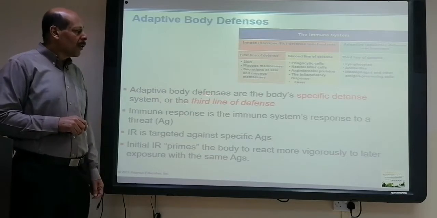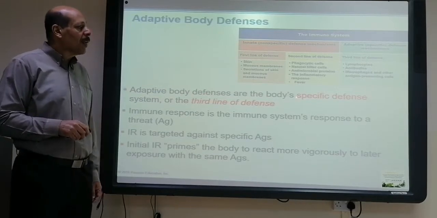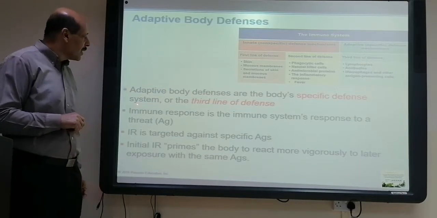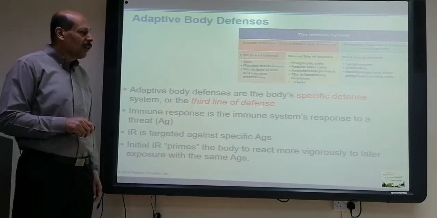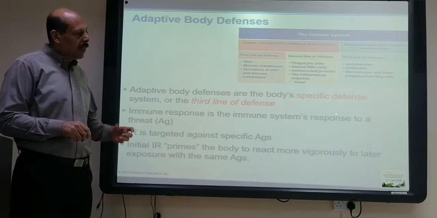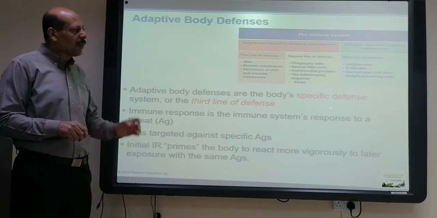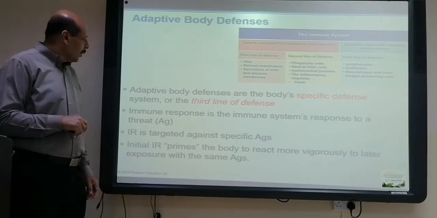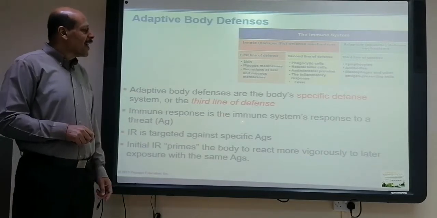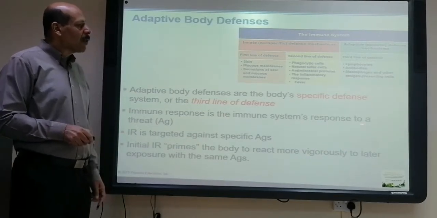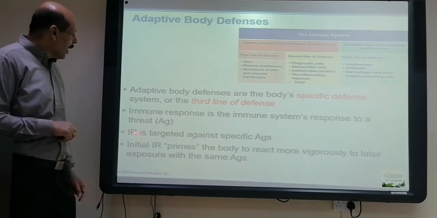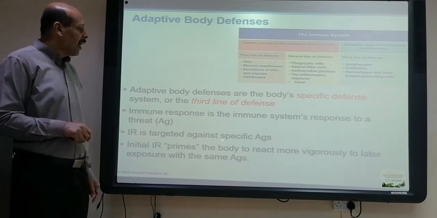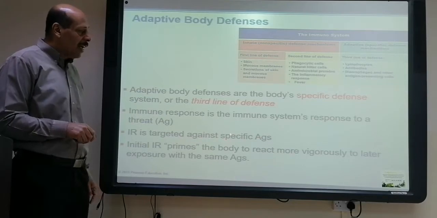In this part, it is specific for a specific antigen. So the immune response is the immune system's response to a threat or antigen, and it is triggered against a specific antigen.